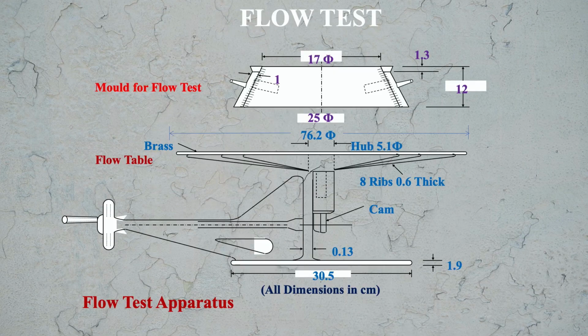Whereas here the top diameter is 170 mm, the bottom diameter is 250 mm or 25 centimeter, and the height is 12 centimeter or 120 mm. So this is the difference. Both molds are frustums of a cone. The shape is similar, only the dimensions are changing.